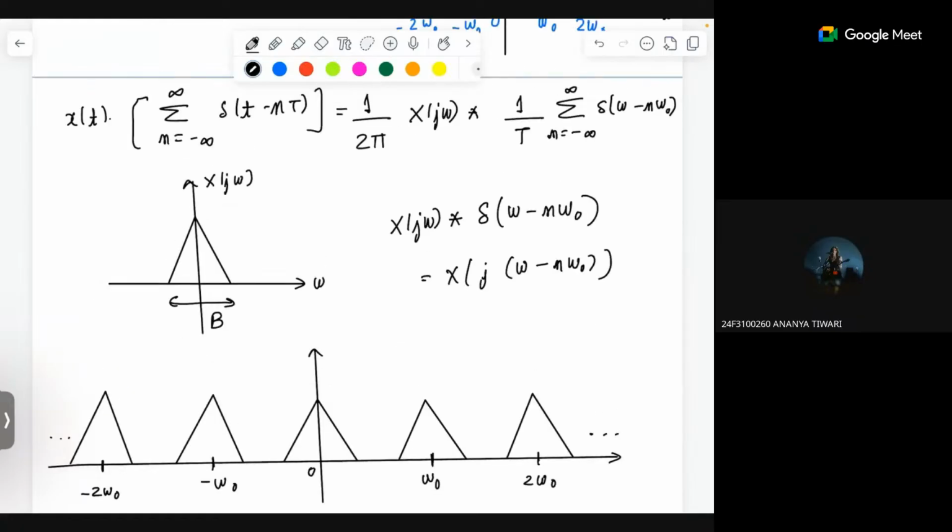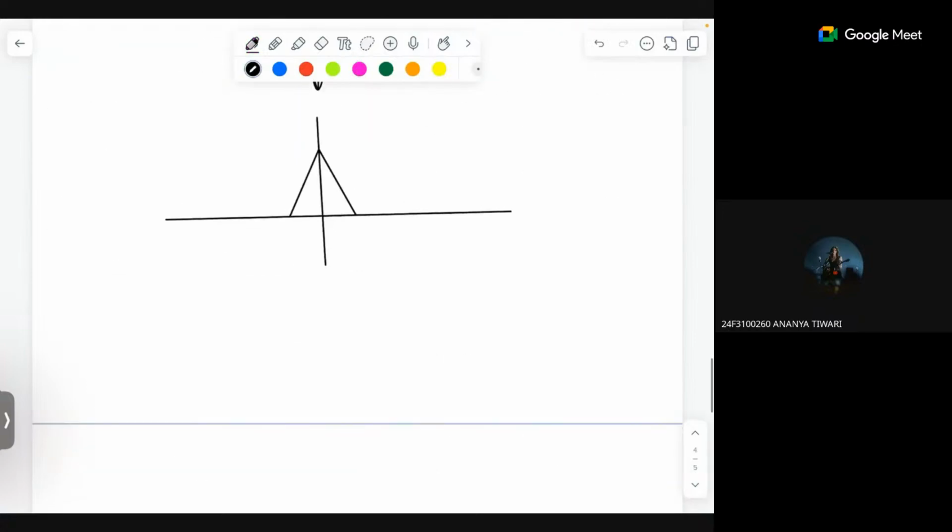Suppose here I take this to be between minus 1 to 1 and ω0. Okay, maybe instead of taking numbers, I'll just quickly draw and show you what happens in the case of overlap. This overlap is also called aliasing.